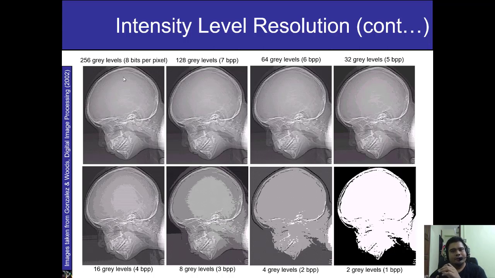We reduce the intensity level resolution so you can calculate those things. But in practice, it's very rare to see an image which is not 8 bits per pixel. It's always 8 bits per pixel by default in your computer.